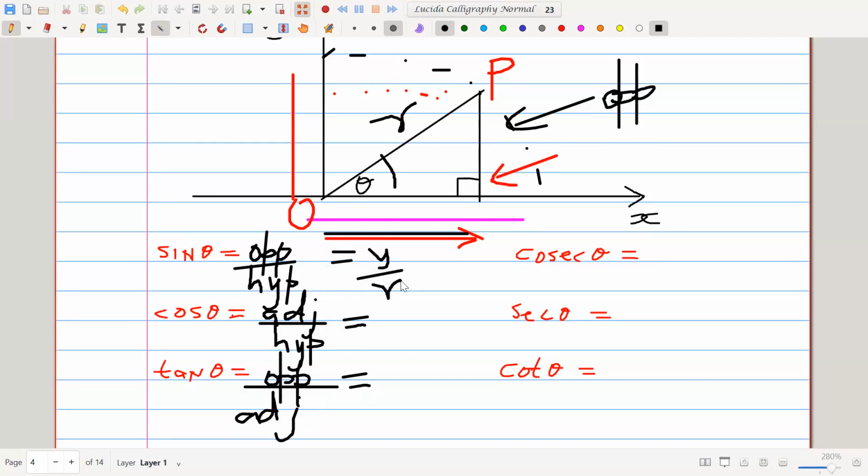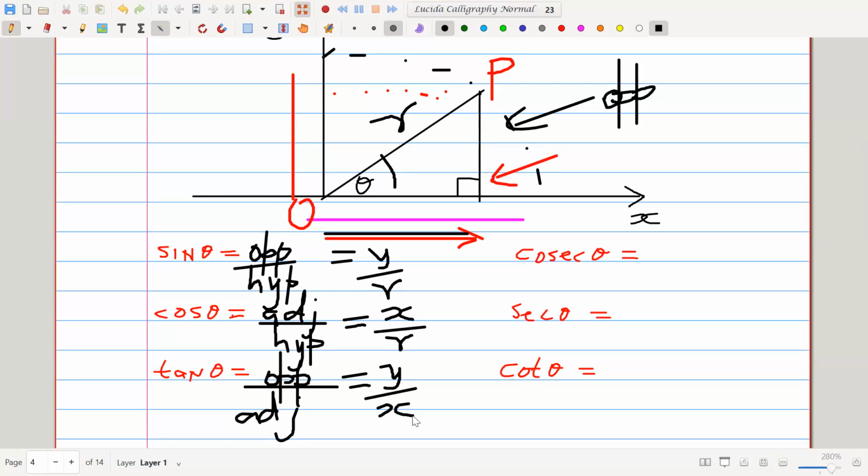And the same goes for cosine: the adjacent side, which is given by x, over the hypotenuse side, which is the radius. And lastly, tangent is the opposite side, y, divided by the adjacent side, x. And then we have, of course, the reciprocals: the cosecant, secant, and cotangent.